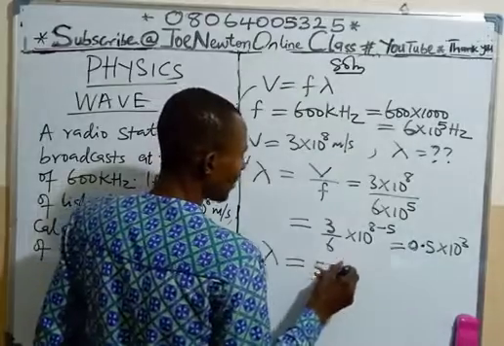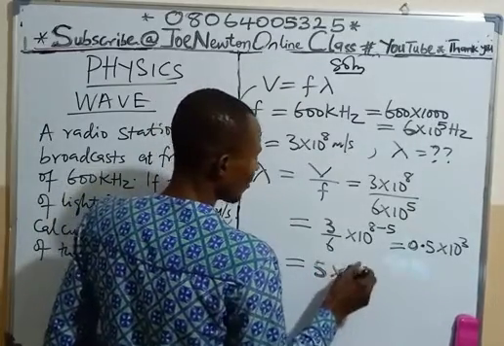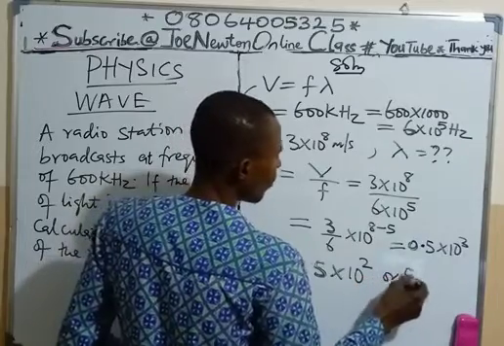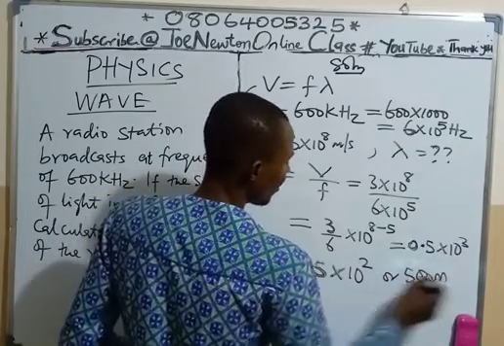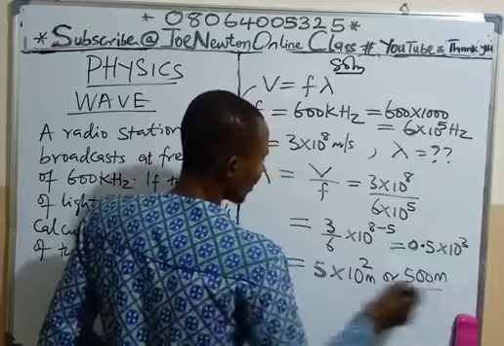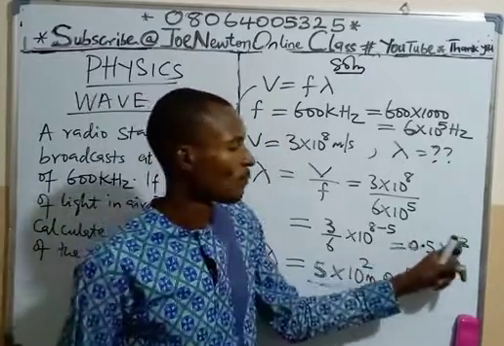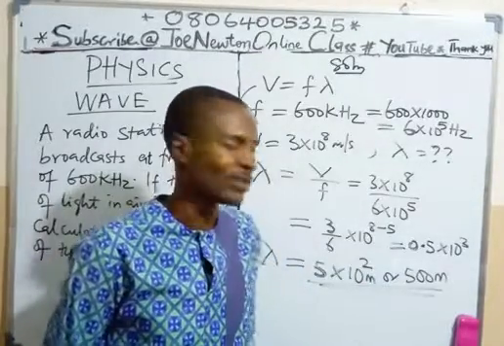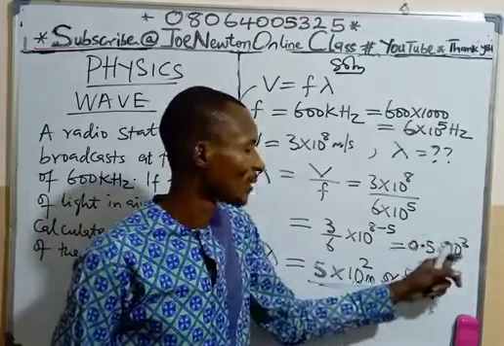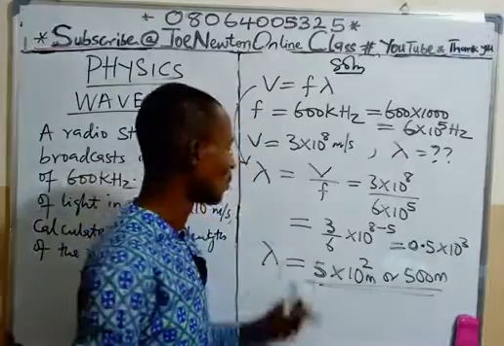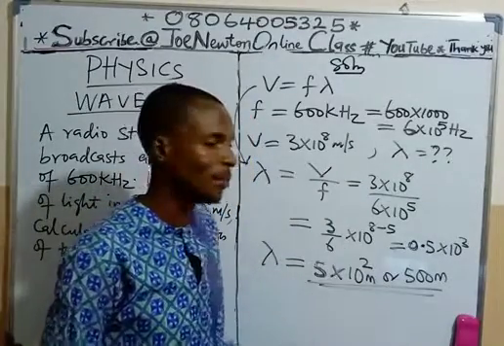So you have 5 times 10 raised to the power of 2, or 500 meters. So in meters, that's our answer. Because 0.5 times 10 raised to the power 3, which is 1000, so 0.5 times 1000 will give us what? 500. That is half of 1000. Or 5 times 10 raised to the power 2 in meters.